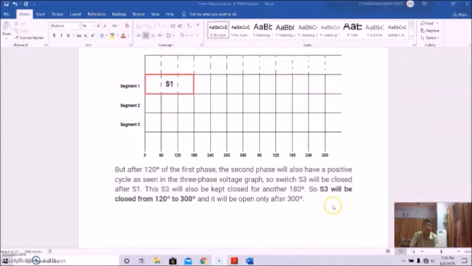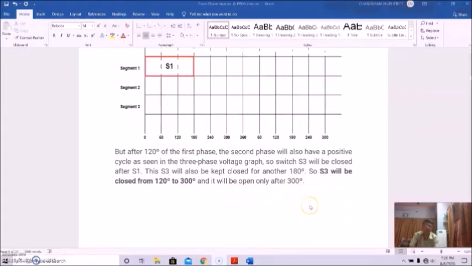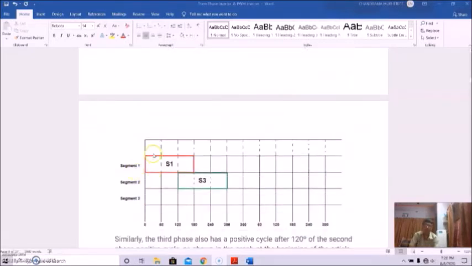So switch S3 will be closed after S1, and S3 will be kept closed for another 180 degree. So S3 is closed from 120 degree to 300 degree, and that is shown here. This is for the first segment, this is for segment 2.